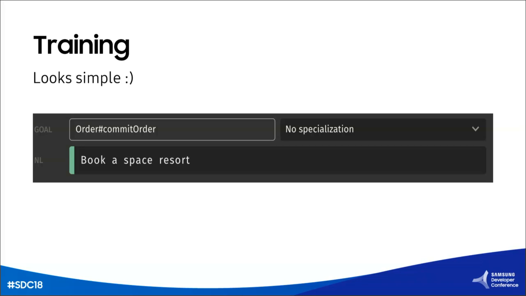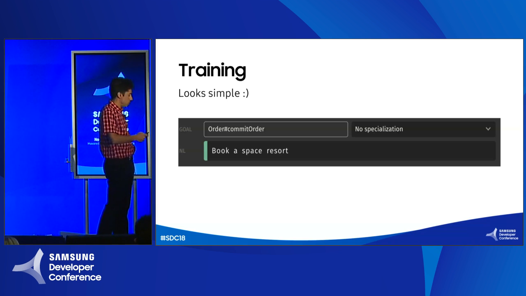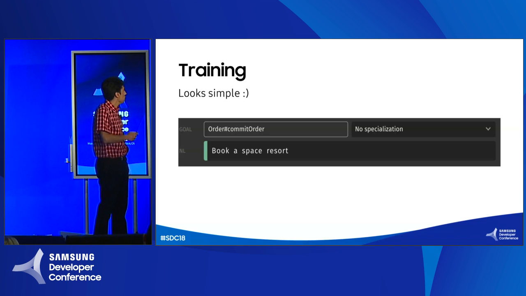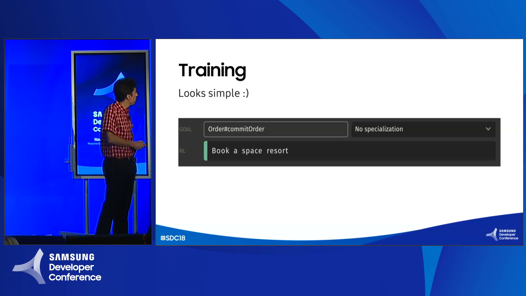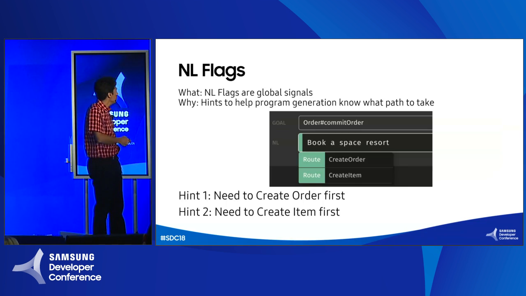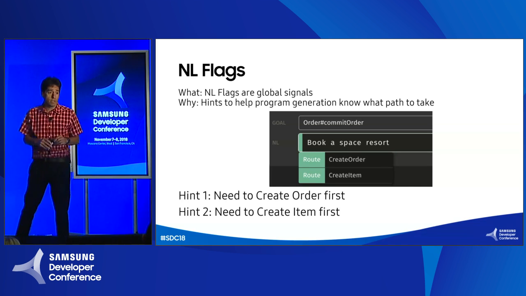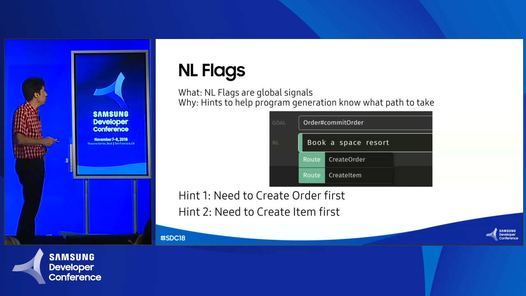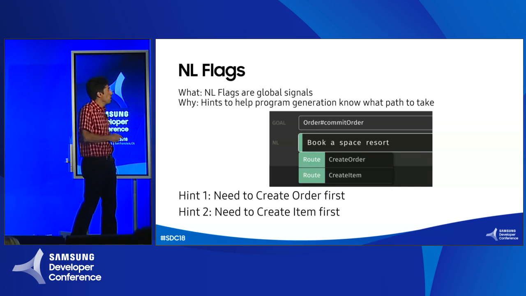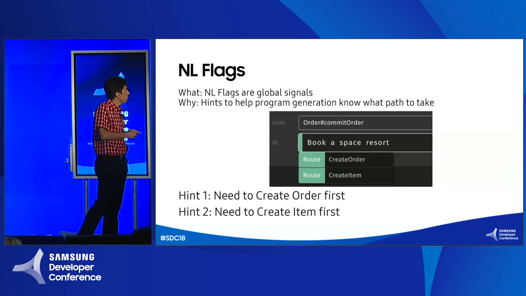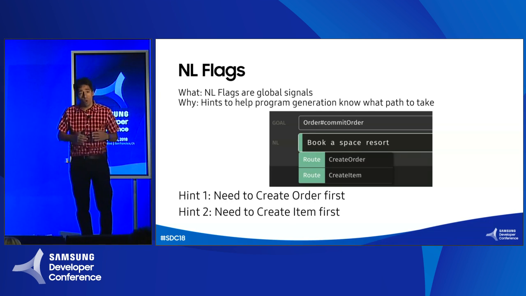And training is also simple. So the input I tried: book a space resort. The goal here is commit order. There's a little bit more to it. In this case, I provided some hints to Bixby so that it would know that for book a space resort, the user wants to go all the way.